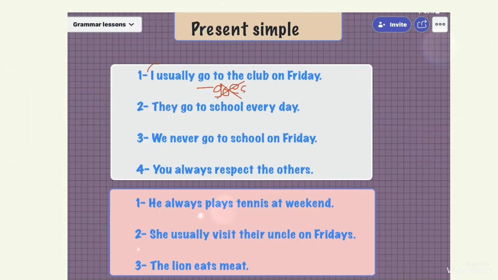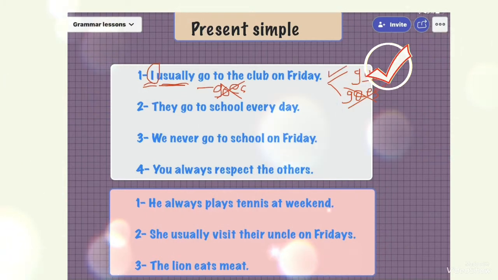Because here I have I and usually. When I have usually, it means that I will choose either go or goes. But I have I, so I takes go without S. So I will say I usually go.